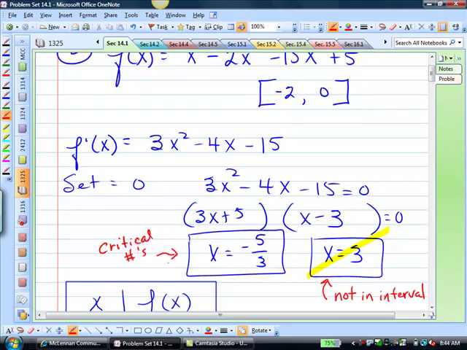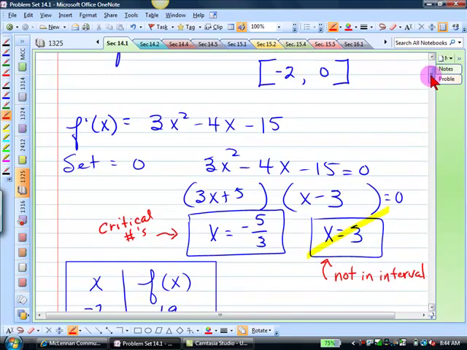Now I've marked out 3 because 3 does not fall in this interval. So I don't even have to consider it. My interval ends at 0. You need to definitely check the interval that you're supposed to be evaluating. So the only critical number I need to include is -5/3. Are we okay with that?